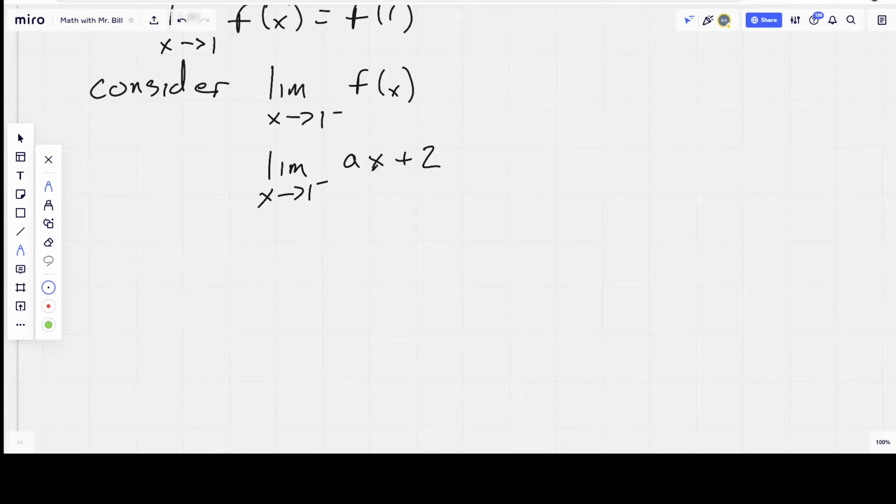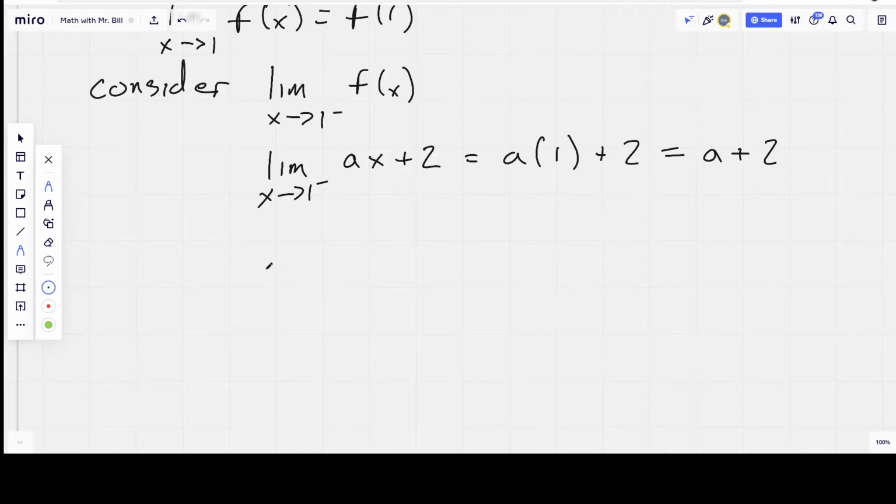One of the things about limits is that if you can plug the value into this expression without having any problems, I can go ahead and do so. So I can plug 1 in there, so this is a times 1 plus 2. And so the limit as x approaches 1 is a plus 2.